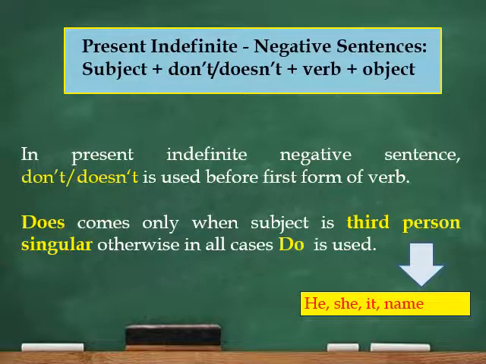In present indefinite negative sentences, don't or doesn't is used before the first form of verb. Does comes only when the subject is third person singular: he, she, it, or a name. Otherwise, in all other cases, do is used.